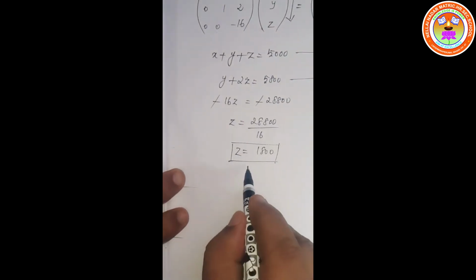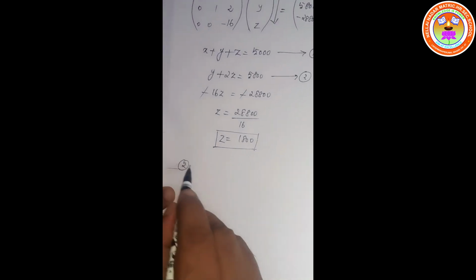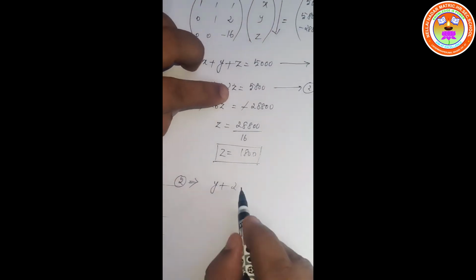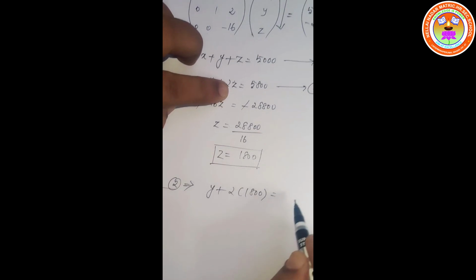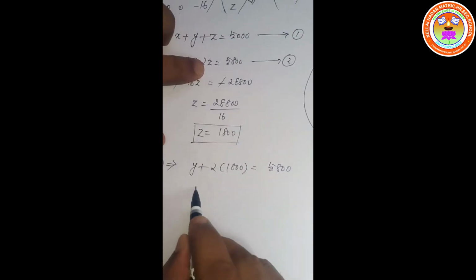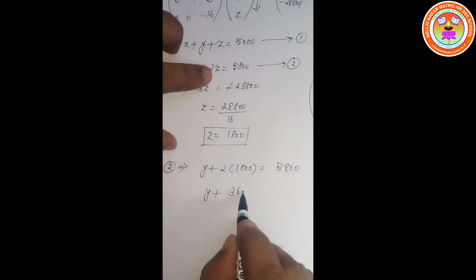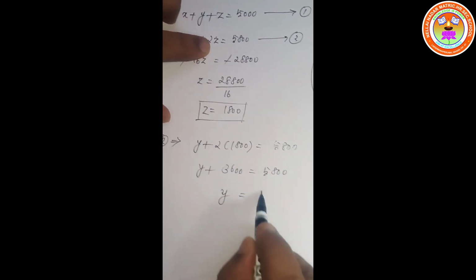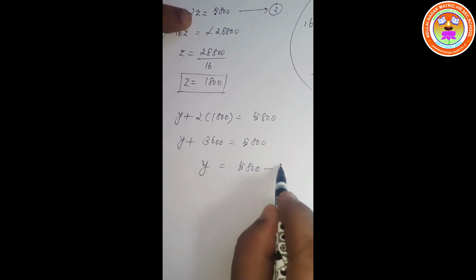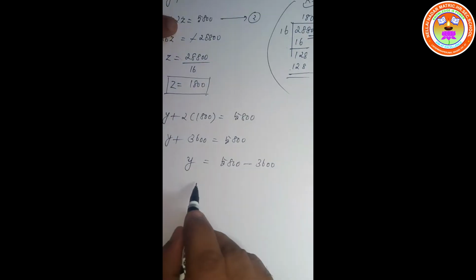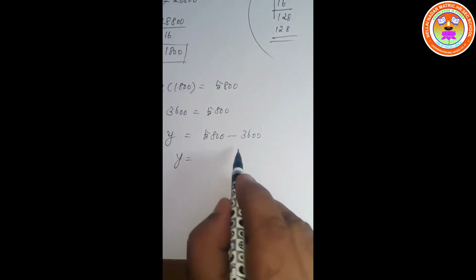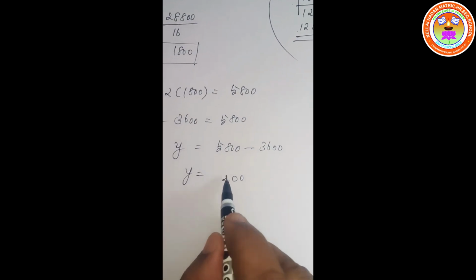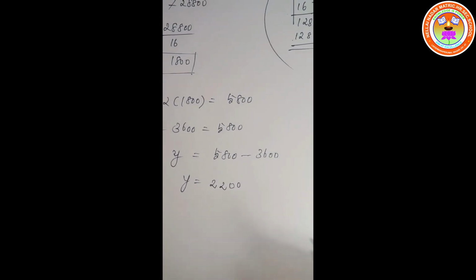Now substitute the value of z in equation number 2 first. Equation number 2 implies y plus 2z, z value is 1,800, that is equal to 5,800. Y plus, multiplying, we will be getting 3,600, that is equal to 5,800. Y, that is equal to 5,800 minus 3,600. Y, that is equal to how much? 2,200.